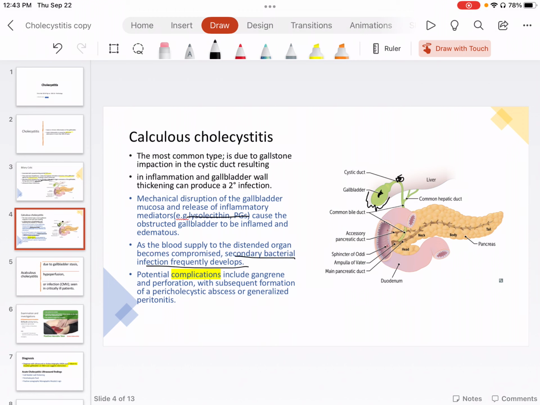Due to that inflammation, obviously there will be hypoperfusion, which leads to secondary bacterial infection. What are the potential complications? Complications include gangrene and perforation, with subsequent formation of pericholecystic abscesses or generalized peritonitis.